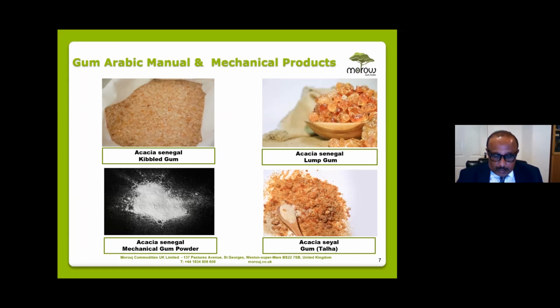And also exporting this mechanical product does not give good value for the product, so the export return is very poor. That's why we have to process the gum into spray-dried gum to increase the added value of the product.